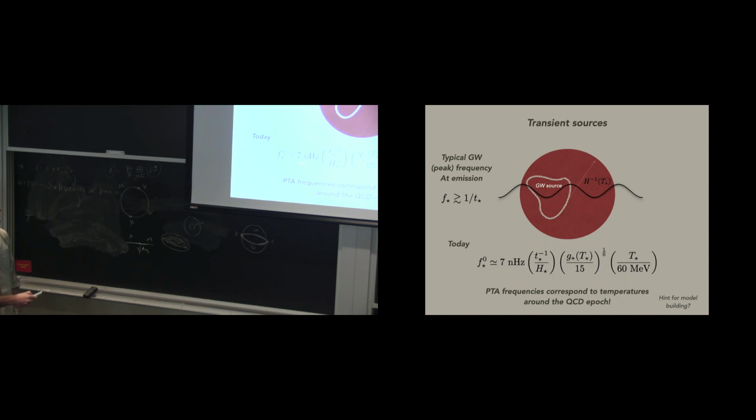So you have the nanohertz frequency range for temperatures slightly below the QCD crossover, with an enhancement factor given by the timescale of the source. So if the source is active on timescales that are much smaller than Hubble at the crossover, then of course you would get a much higher frequency.